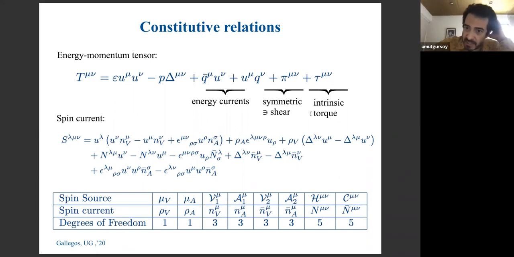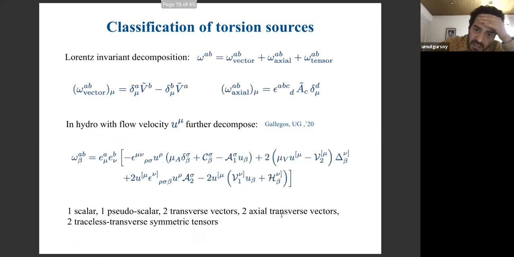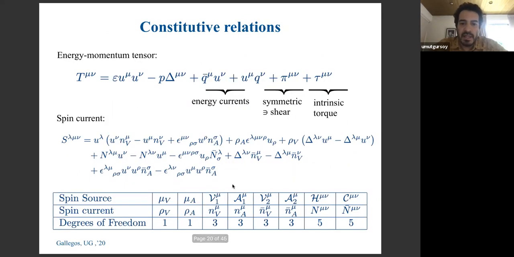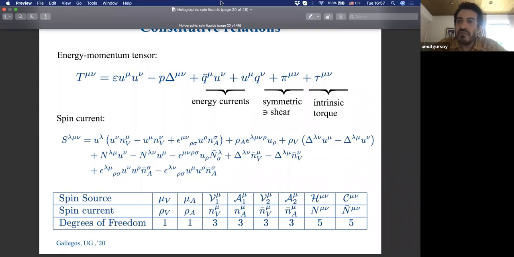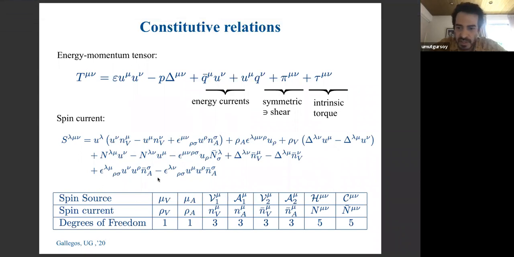So this is the most general decomposition, and then the spin current can also be decomposed completely analogous to the decomposition of the source of the spin current. Instead of just going through this equation, I will show here a table. These are the spin sources, these are the spin currents, and these are the number of degrees of freedom. Whenever we see an equation, I can come back to this table and show what I mean.